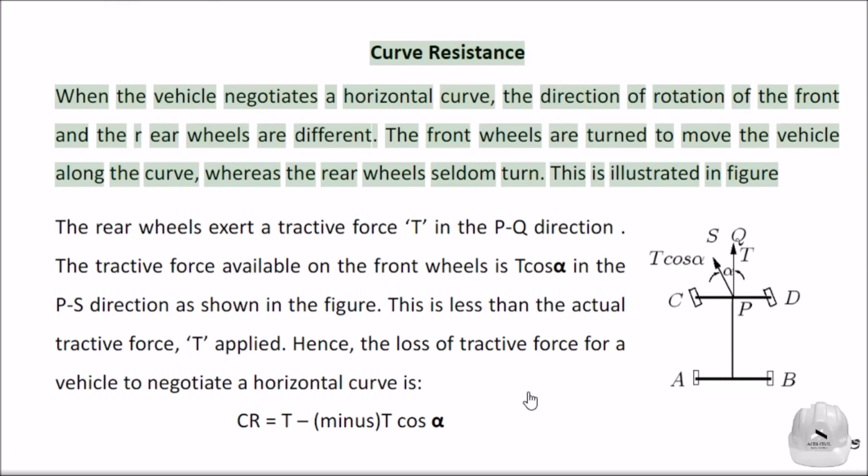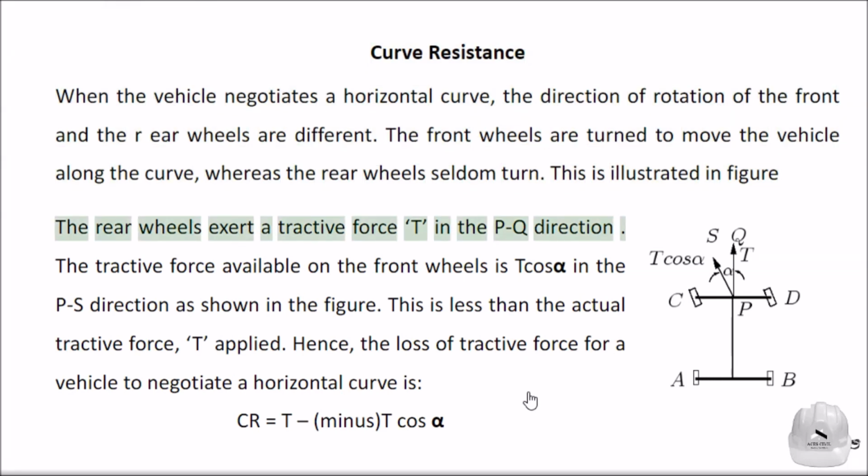Curve resistance. When the vehicle negotiates a horizontal curve, the direction of rotation of the front and the rear wheels are different. The front wheels are turned to move the vehicle along the curve, whereas the rear wheels seldom turn. This is illustrated in figure. The rear wheels exert a tractive force T in the pq direction.